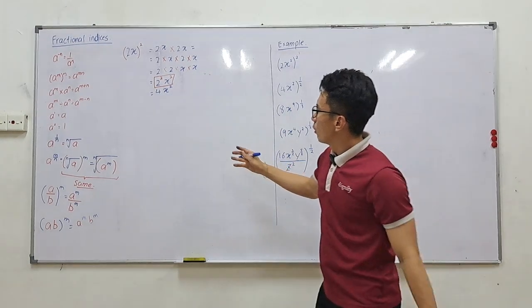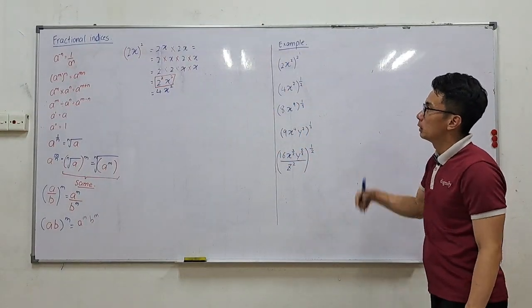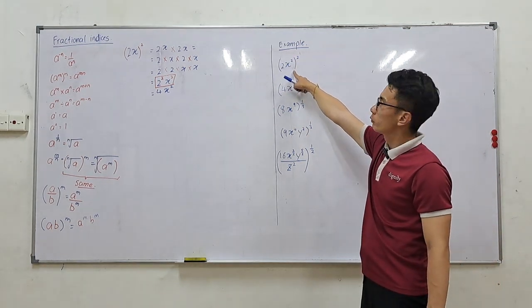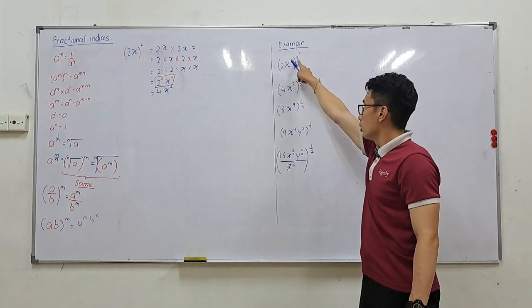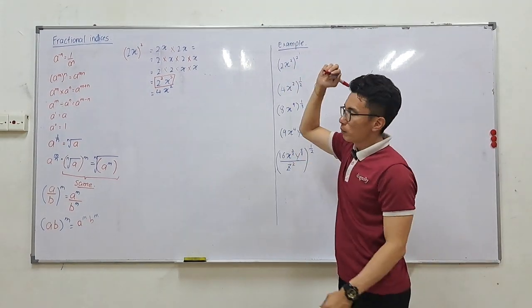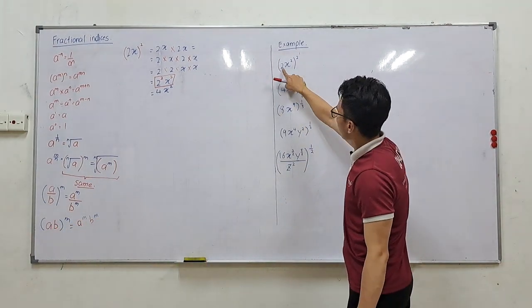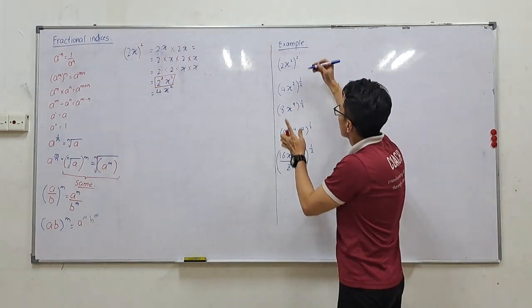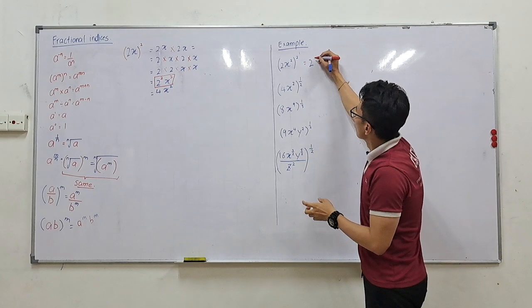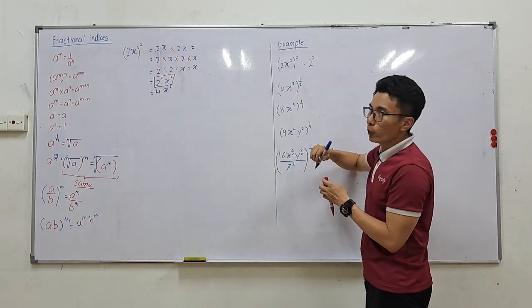Once we have established this understanding, let's try some working. Over here I have 2x squared, and this whole thing I'm going to square. So what's going to happen? Let's identify what our A and B are. This is going to be our A, so this 2 I will need to square, because this whole thing must be squared.